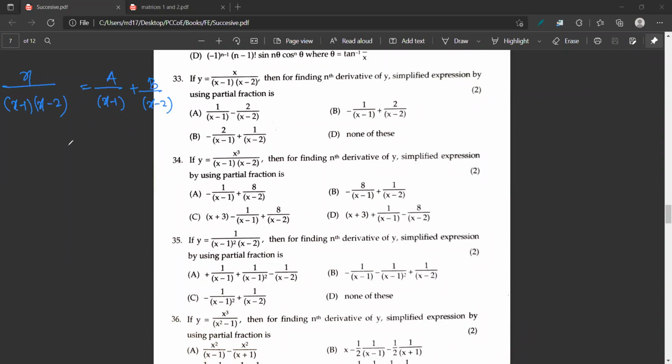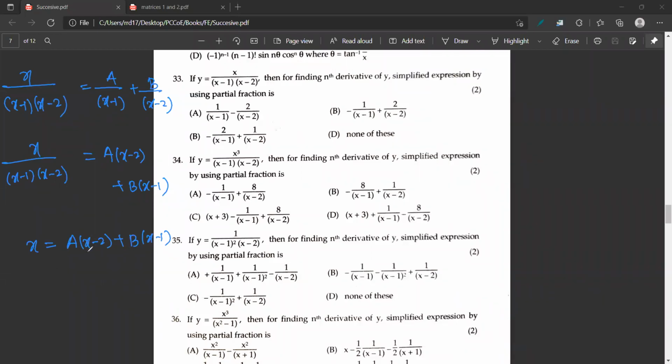Right? Now what you have to do is just find out the values of a and b. So how can we do that? a into (x - 2) plus b into (x - 1). I'm just telling you how I'm going to solve this. So I'll be getting x is equal to a(x - 2) plus b(x - 1). Find out the values of a and b. What is the value of a?